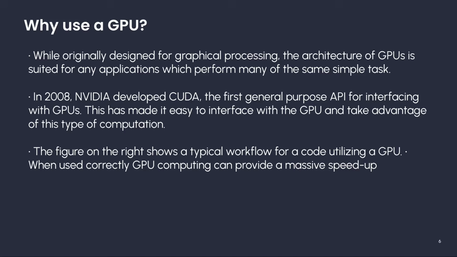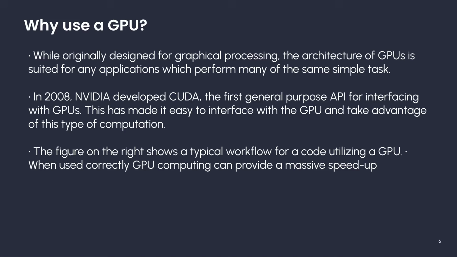Or in games where we have to perform lots of small calculations at the same time, GPUs are preferred. So same simple task perform करण्यासाठी GPU is preferable, but the same simple task in hundreds, thousands, or even millions in quantity. So in 2008, NVIDIA developed CUDA.